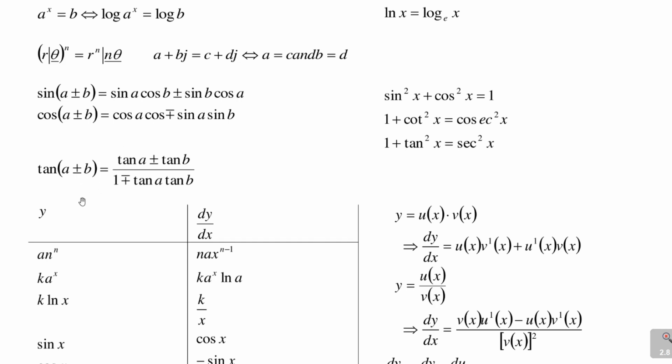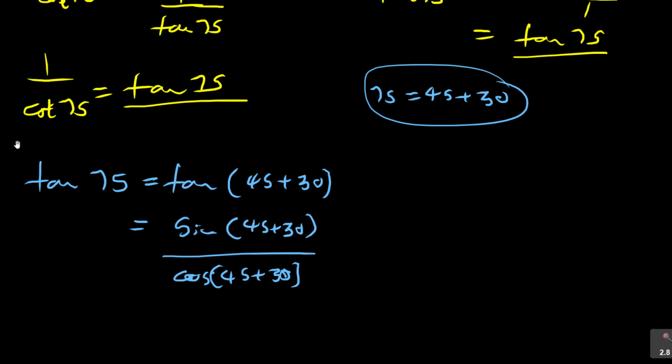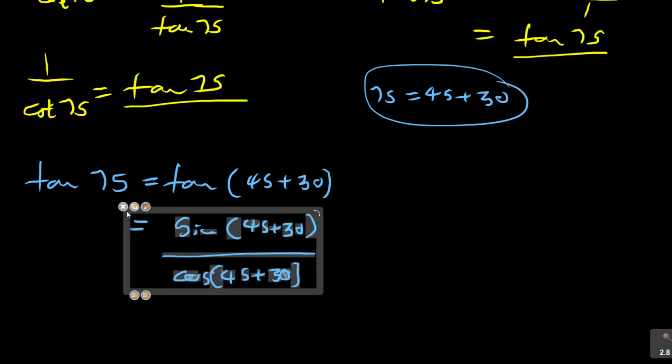Let's use my tan of a plus b, which is tan a plus tan b over 1 minus tan a tan b. It was going to give you the same answer, but it's not necessary.